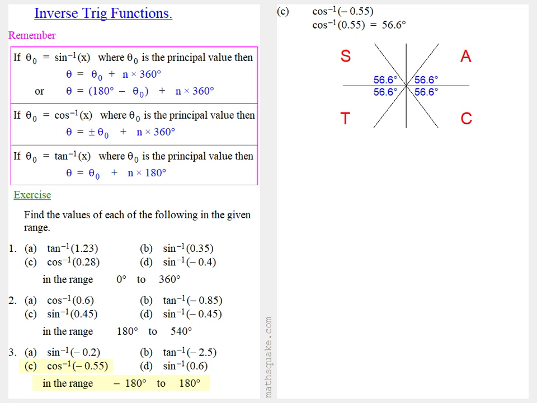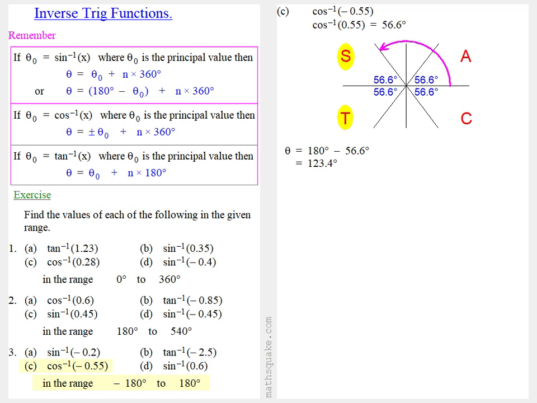Now in the original question we were asked to find the inverse cosine of minus 0.55. So we need to find where the cosine is negative. Well, it's positive in A because all are positive, and in C because cosine is positive. So it's negative in the regions S and T. Now, to get to the angle in S, we have to go anti-clockwise, which is positive, 180 degrees minus 56.6 degrees, which is 123.4 degrees.